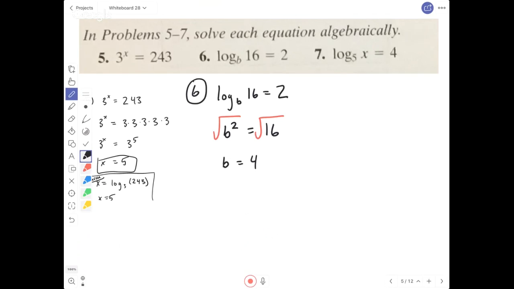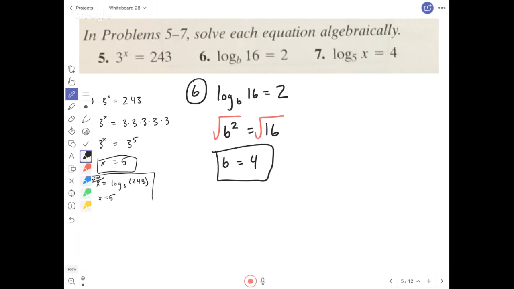You might say -4. Certainly, -4 squared is 16. But generally, we restrict the base of a log to positive real numbers. We don't generally allow negative bases to our logs. So there we are.